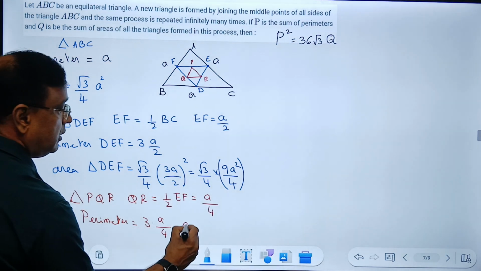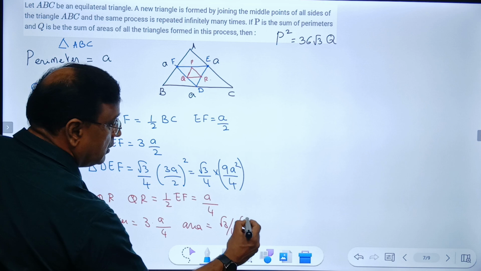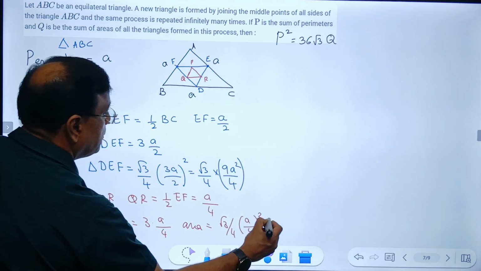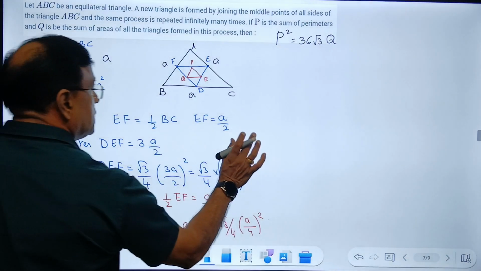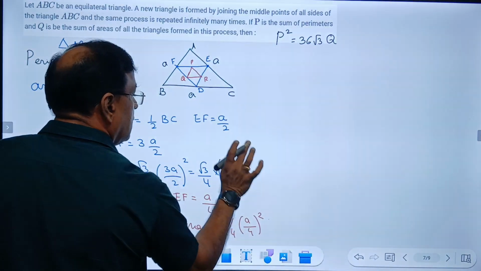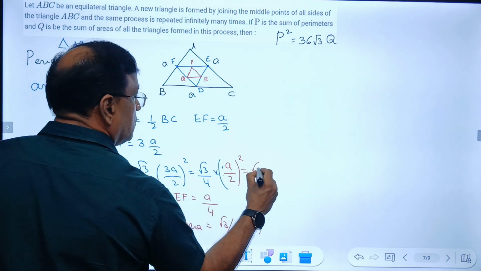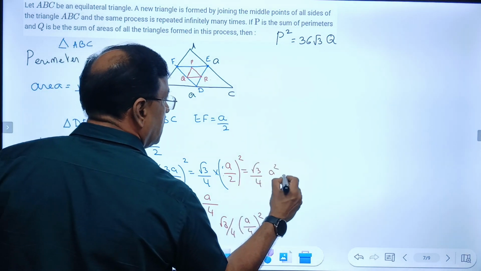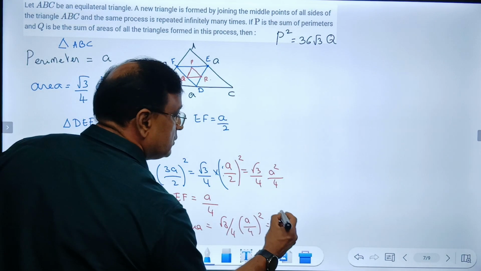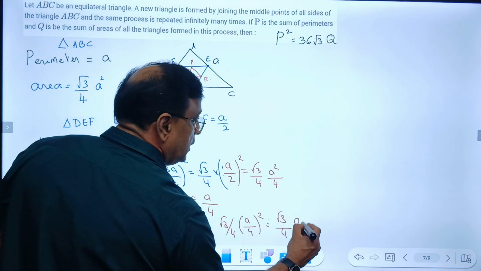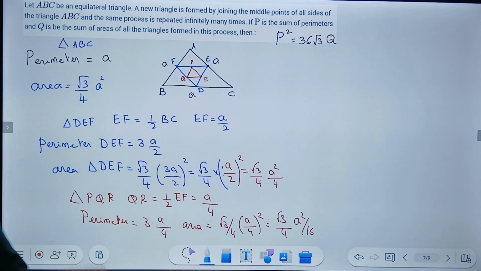And the area will be root 3 by 4 into A by 4 the whole square. Correct? I think I made a mistake here. The side is A by 4, so root 3 by 4 into A square by 16. And you have to keep on repeating this process.